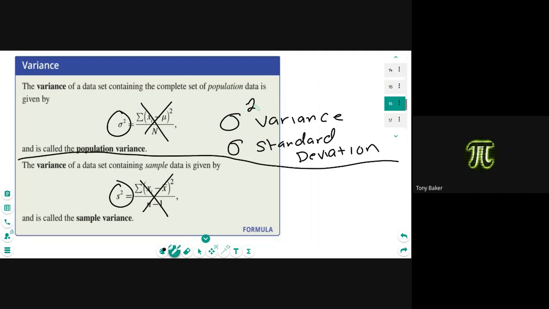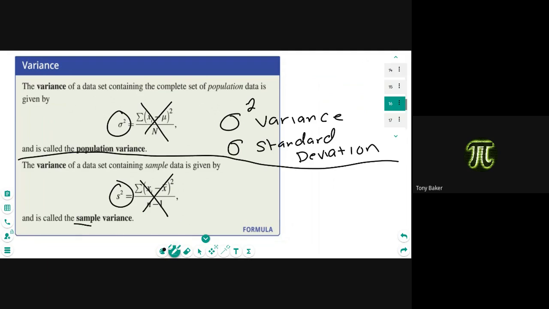With the square, σ², that is variance. Without the square, σ, that is known as standard deviation. Remember I said that we're going to have different formulas for population and samples? This is where those different formulas come into play, and it does change things. So σ² is population variance, and without the square it is population standard deviation, because the standard deviation is just the square root of the variance.